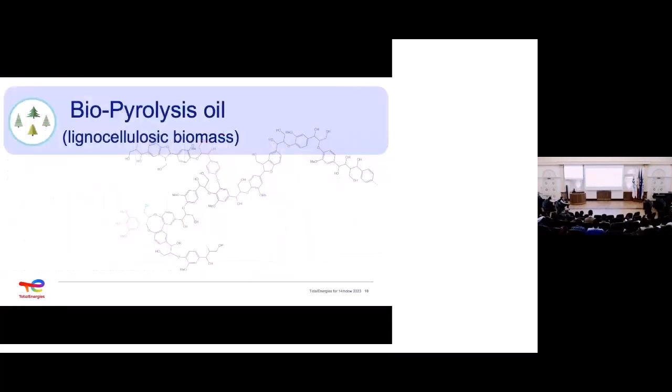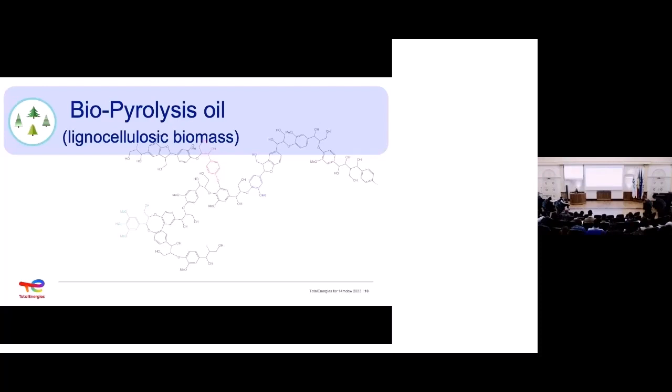So I'm going to change subjects just a little bit and go to the biopyrolysis oil. When we think about the energy transition, biofuel produced from lignocellulose biomass by pyrolysis has a big place on the table.